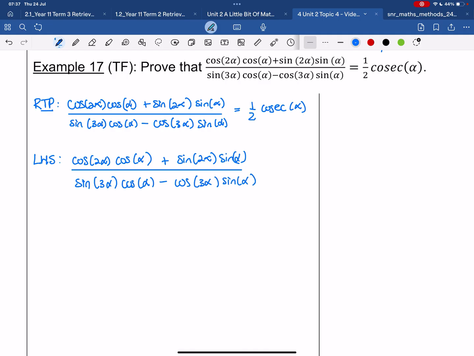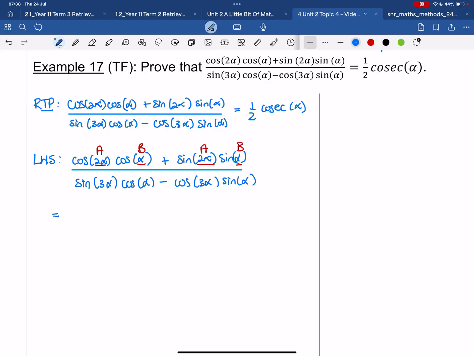And I'm going to notice that in my numerator I've got a cos of 2 alpha there and a sine of 2 alpha there. So that's an A. Those are the same angle. And I've got a cos of alpha and a sine of alpha. So let's make that a B. So let's just look at our numerator. I have cos A cos B plus sine A sine B.